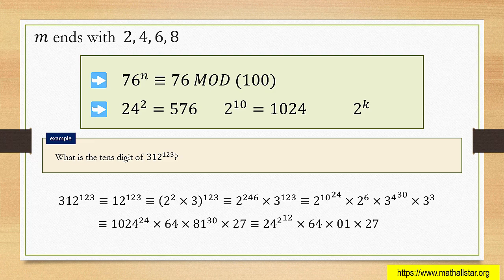Rewrite the exponent of 24 into 2 to the 12th power. Meanwhile, by applying the first trick, we know 81 to the 30th power ends with 01. Finally, we have the result as 76 times 64 times 1 times 27. There are a few other tricks we can use to further simplify this expression, but the answer is already within sight, as you only have to keep the last two digits during any intermediate step.